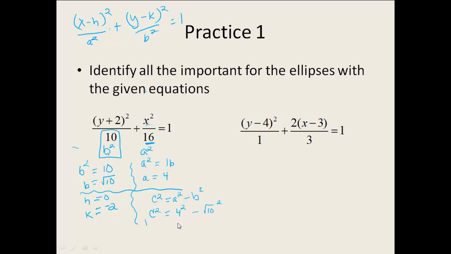Well, when I square those, I'm going to have 16 minus 10. 16 minus 10 gives me a 6. And to get rid of the square, I have to square root, so c is going to be equal to the square root of 6. Now I have all of my individual little pieces here, all my letters. I can go through and identify what my important information is now.